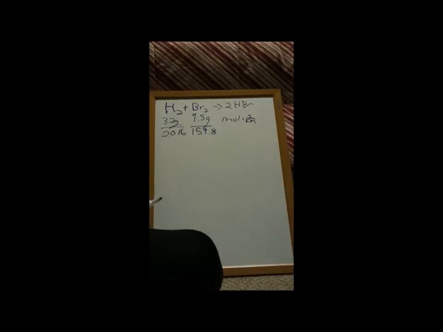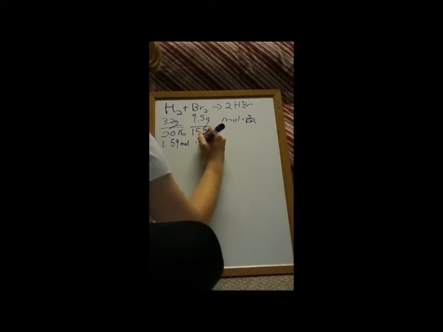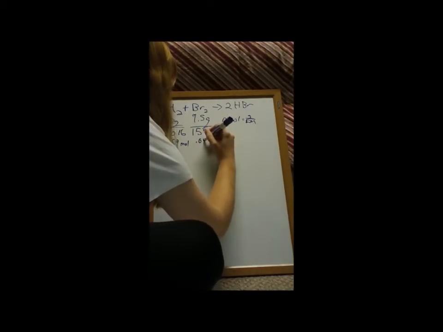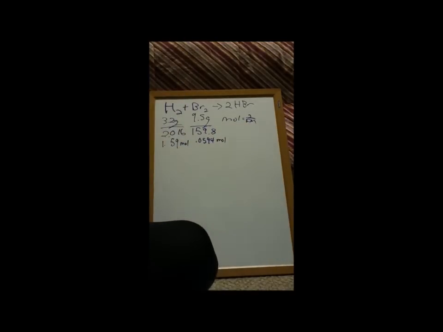Okay, so we'll divide both of these numbers to get the moles. And our answers are 1.59 moles for hydrogen 2, and 0.0594 moles for bromine 2.